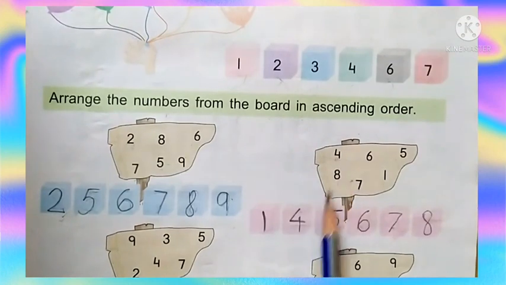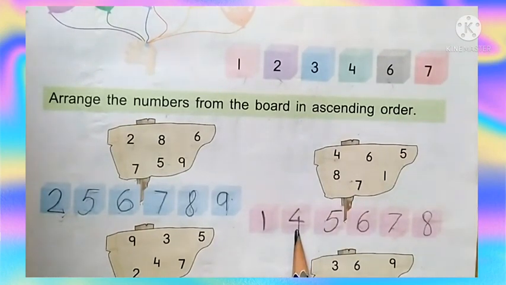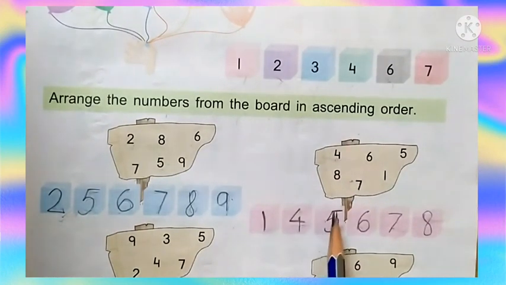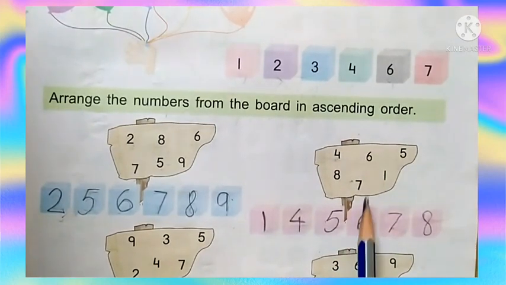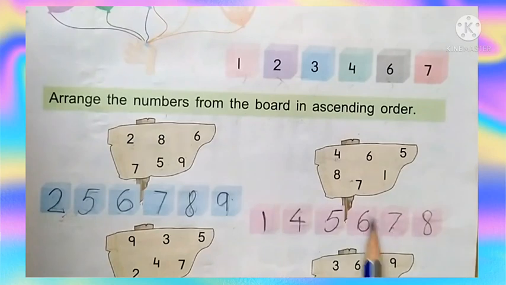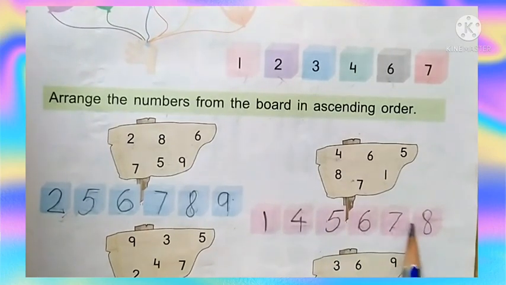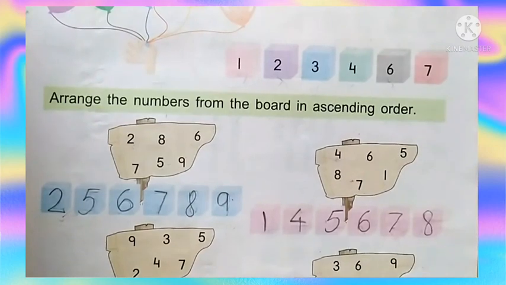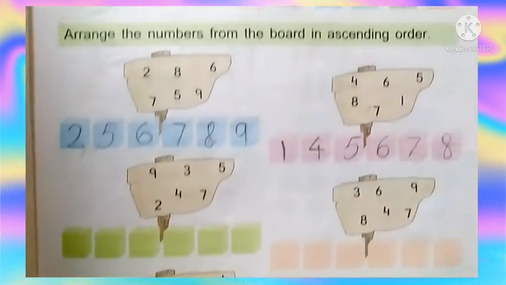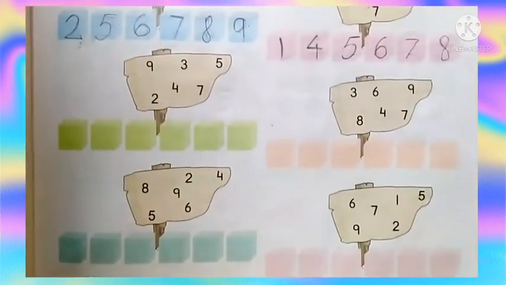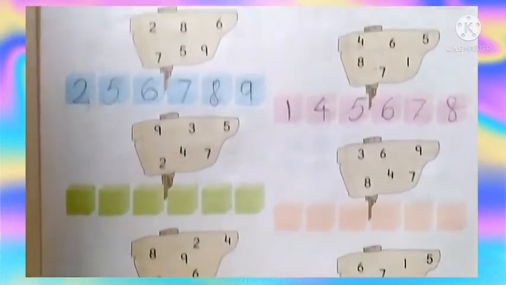Then we will write here number 4. Then 5, 6, 7 and 8. 8 is the biggest number. So children, in this exercise, all these ascending order you have to do yourself. Okay?